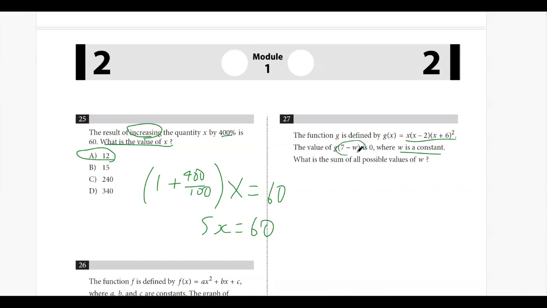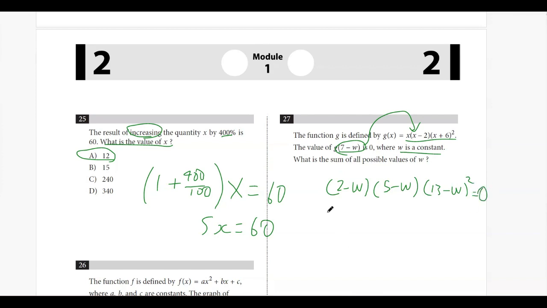So I'm going to go ahead and put this guy here. So we're going to get 7 minus w here, 5 minus w here, and then 13 minus w squared. All of this needs to equal 0.